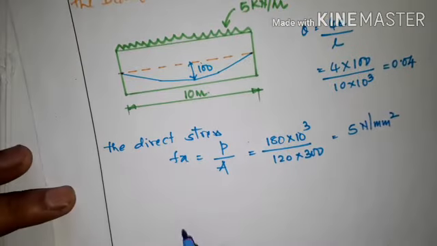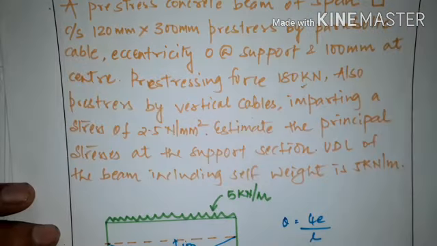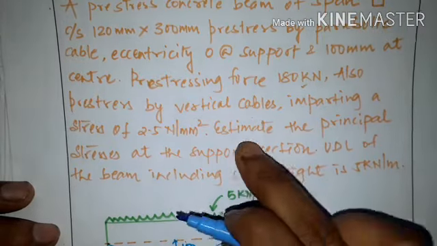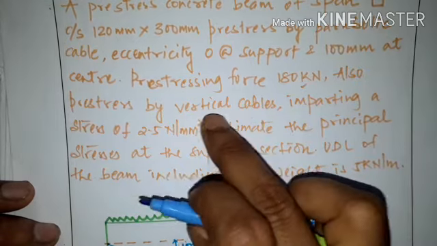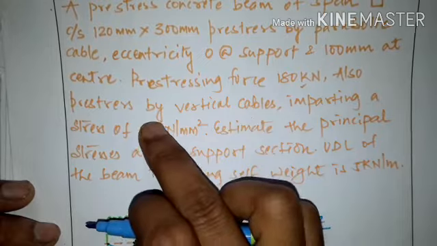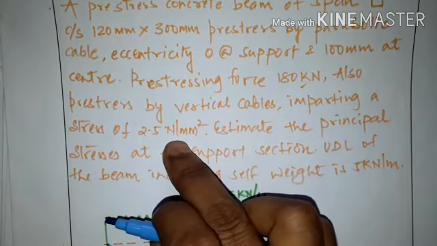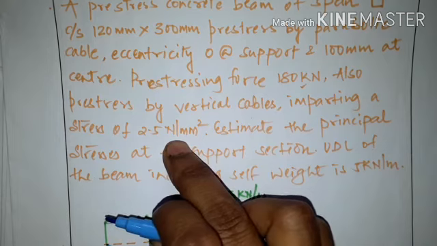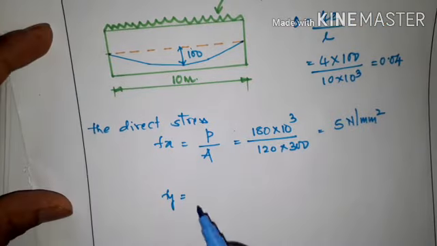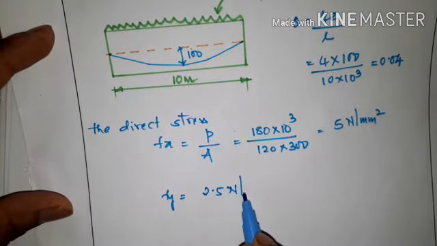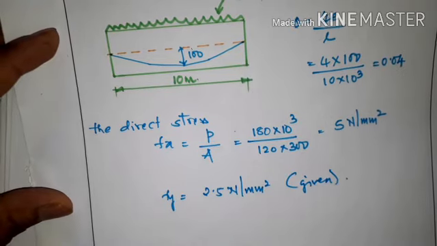Then also it is given as Fy. It is given that the pre-stress by vertical cables imparts a stress of 2.5 Newton per mm square. So the vertical stress because of the vertical cable is 2.5 Newton per mm square. Therefore Fy is 2.5 Newton per mm square, which is given.